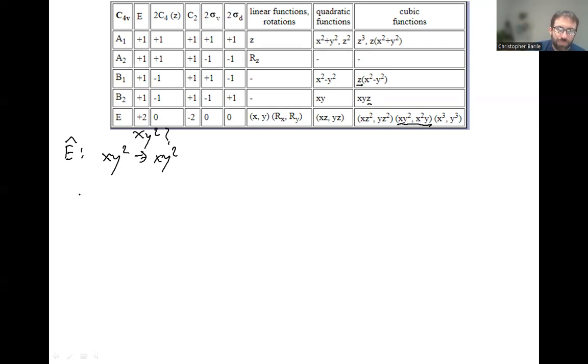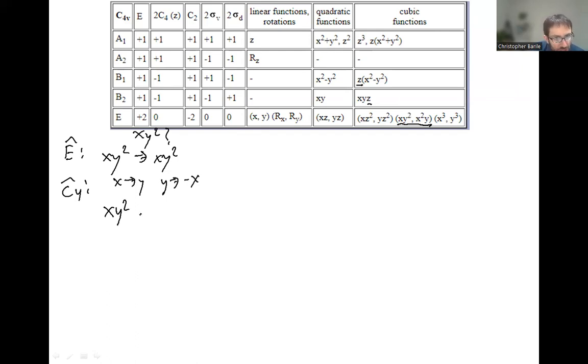So at this point, we think the character is equal to 1, and we would move right along to the C4, and we know what the C4 does. The C4 takes x to y and y to negative x. We've got these all memorized at this point from the previous example, working through this so many times. But this is a 90-degree rotation, right? So what's going to happen to xy squared?